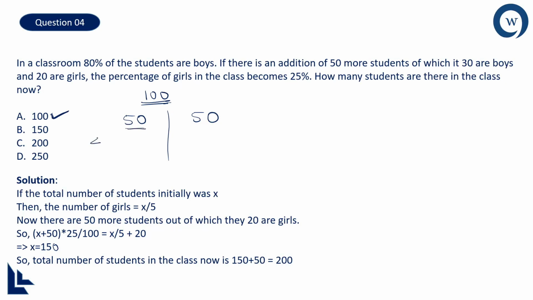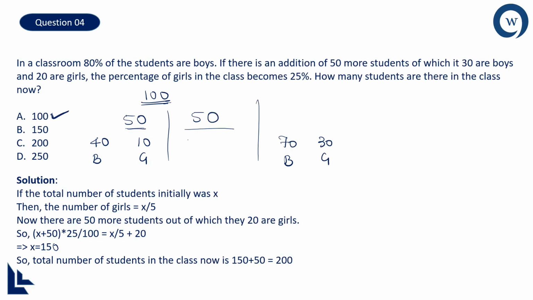So 80% of 50 will be 40. And how many will be girls? 10 will be girls. And after this 50 has been added, then now tell me what is the total number of boys now? 30 boys are there, right? So boys will become 70 now. So total now the boys will become 70 and the girls will become 30, right?